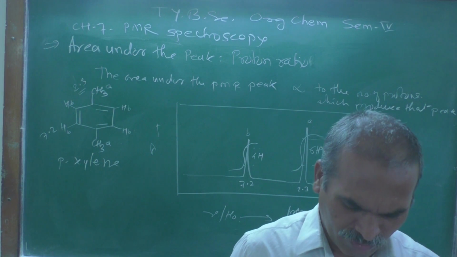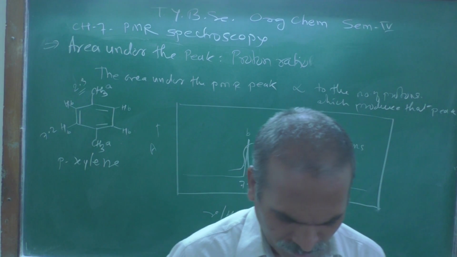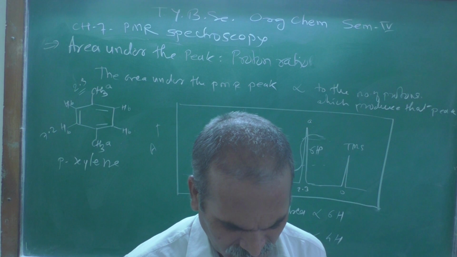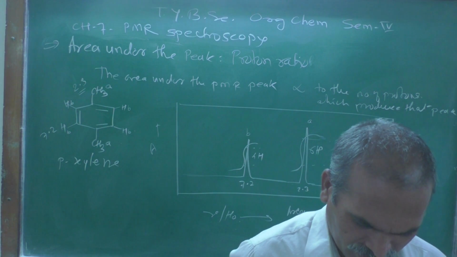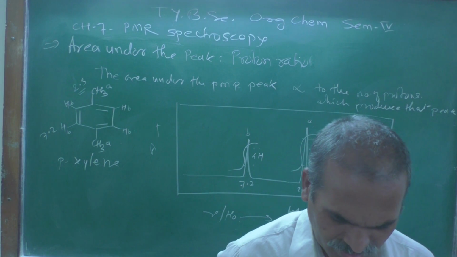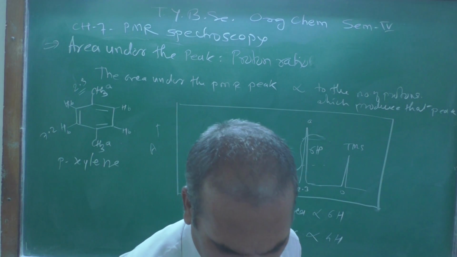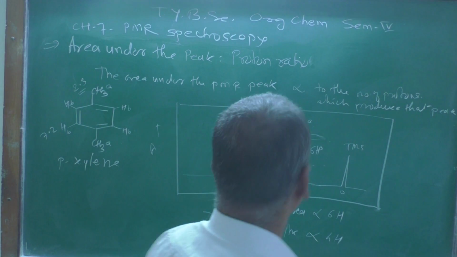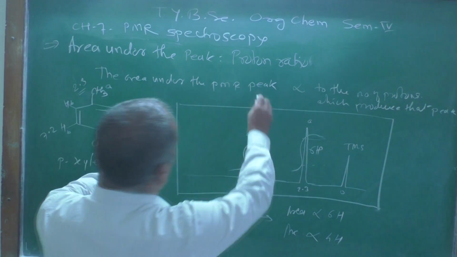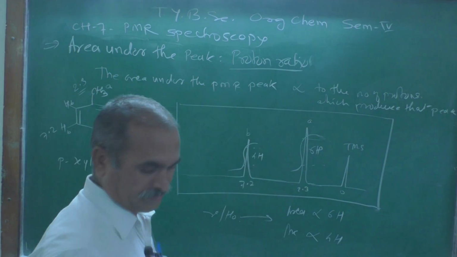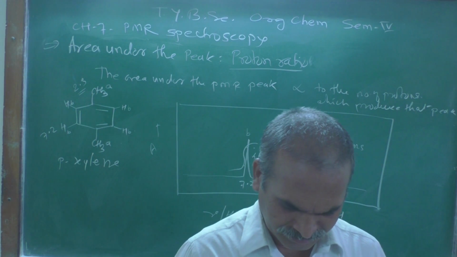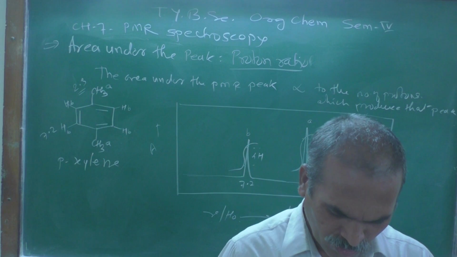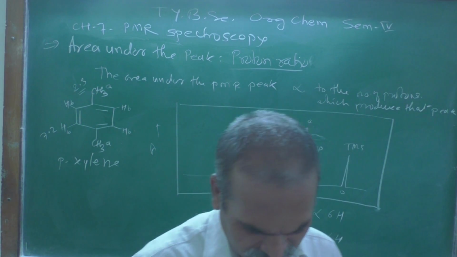The relative ratio of these areas is known as the proton ratio, which is 6:4 or 3:2. Now, what does proton ratio mean? The proton ratio is nothing but the relative ratio of these areas.